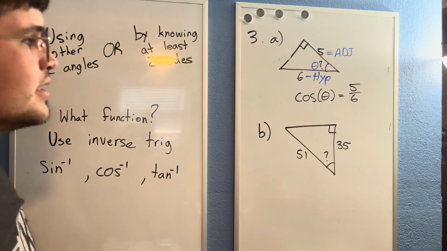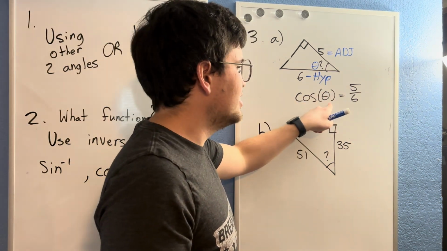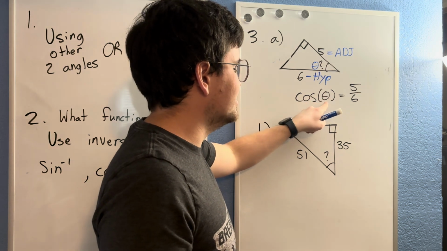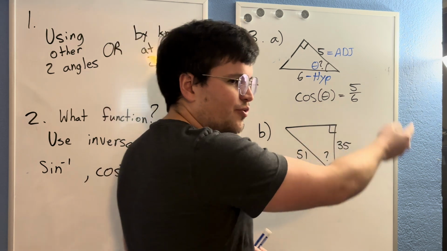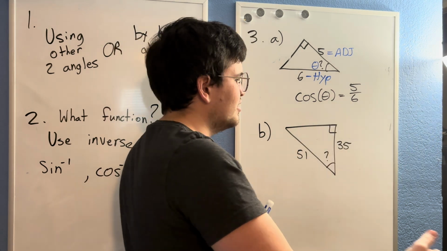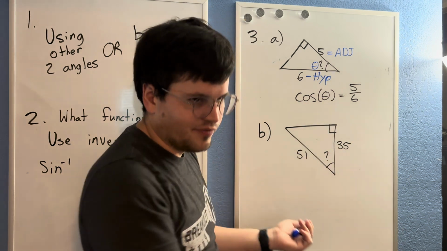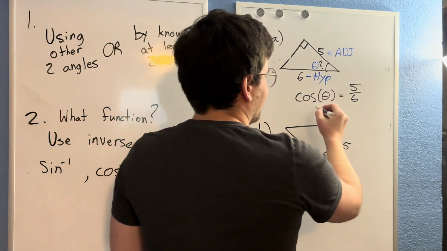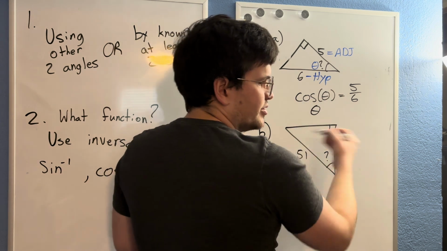From here, I need to get theta by itself. The way that we get theta by itself is doing the inverse of cosine. Just like if this was theta squared, we do the inverse of squaring, or square root. To do the inverse of cosine, we use inverse cosine. So to get theta by itself, I have to inverse this cosine on both sides of the equation.